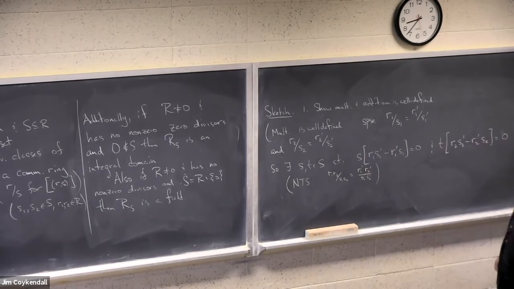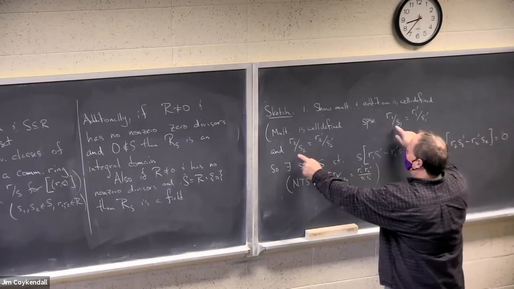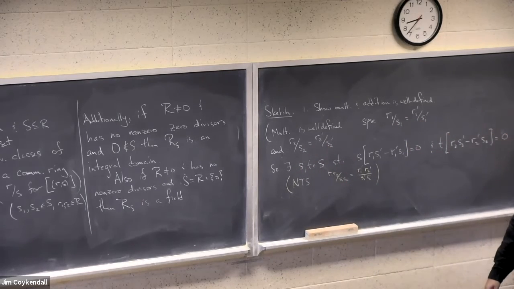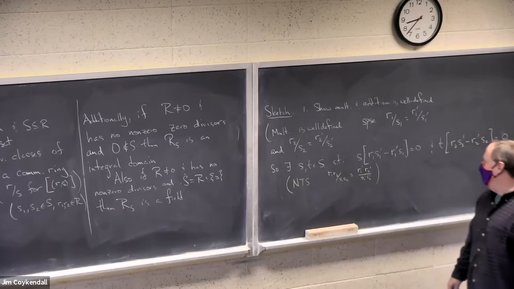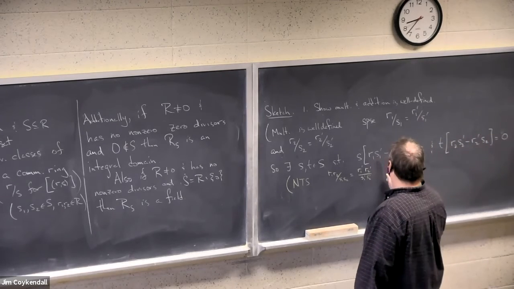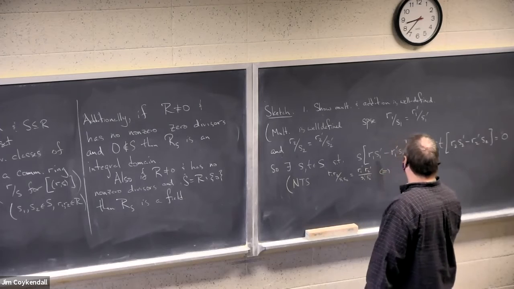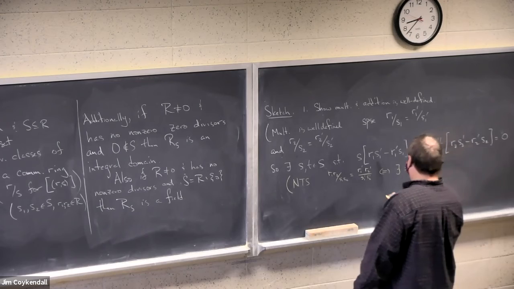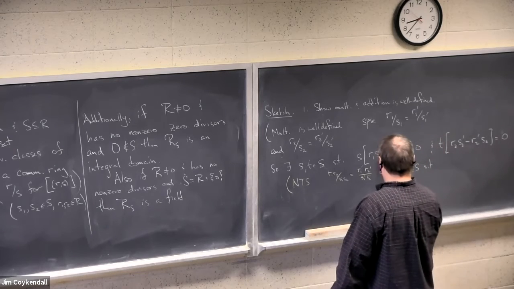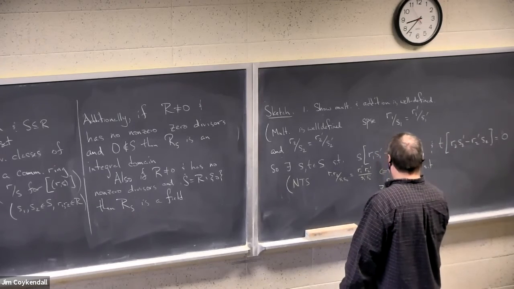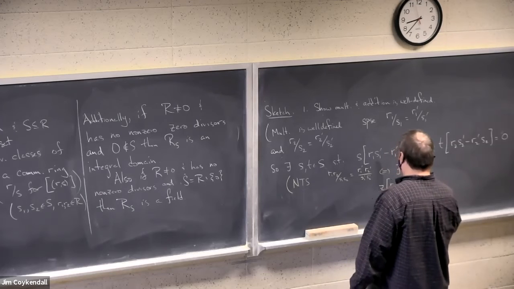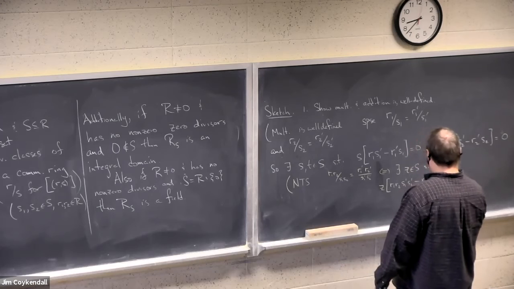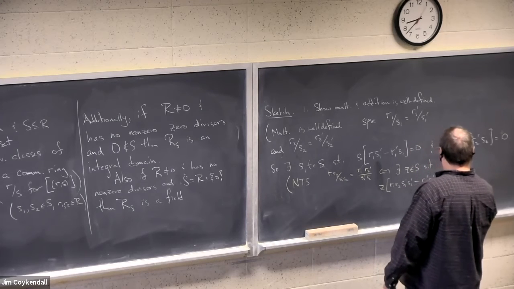We need to show that if you pick these two for your representatives and multiply them, and I pick these two, we need to be getting the same answer, right? And this is equivalent to showing there exists z in S such that z times (r1 r2 s1 prime s2 prime minus r1 prime r2 prime s1 s2) is equal to 0.